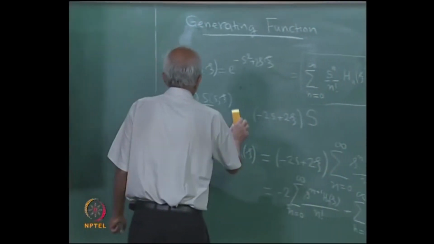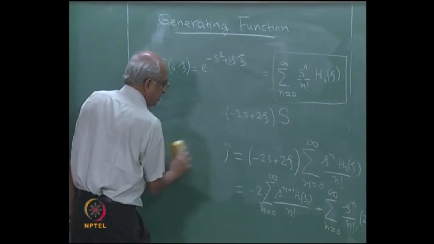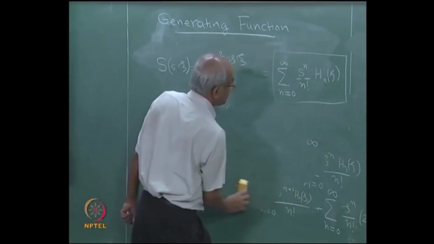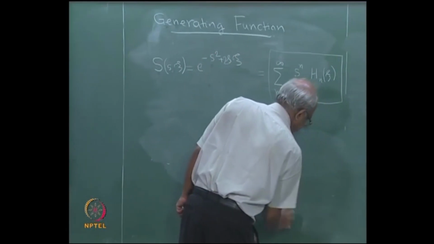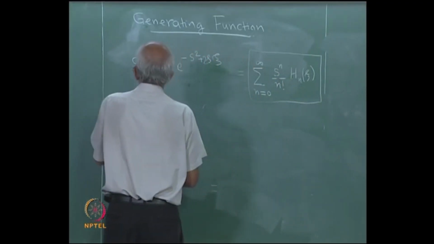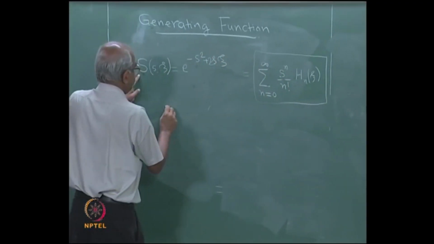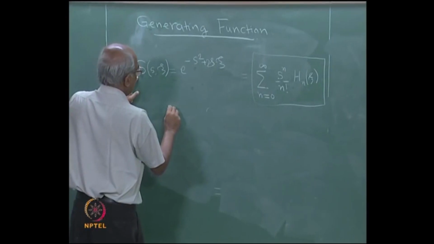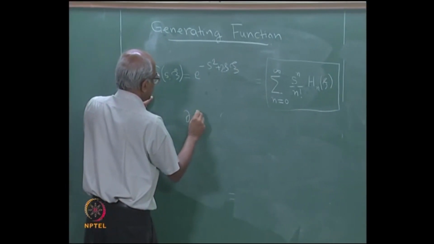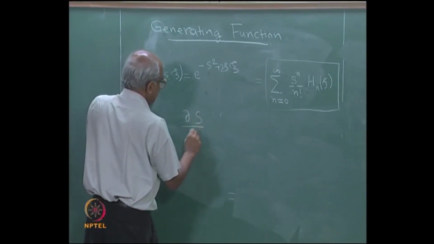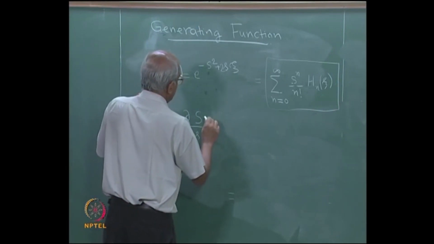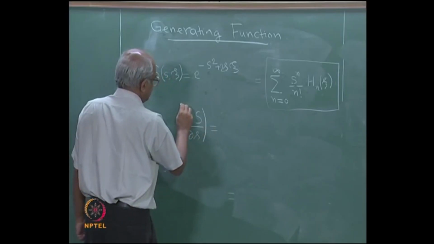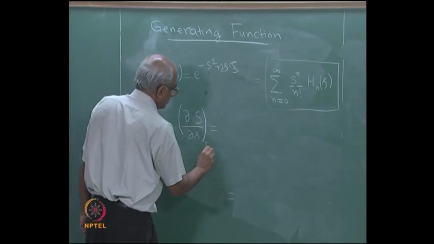So, what is the formula that I would have for evaluating the Hermite polynomial? Well, suppose I take this function and differentiate it partially with respect to s, after which I will put s equal to 0.